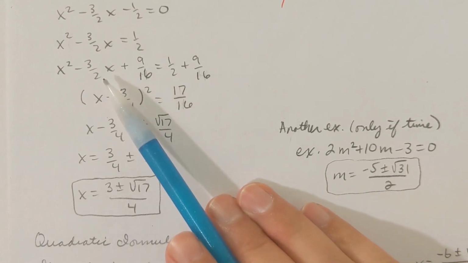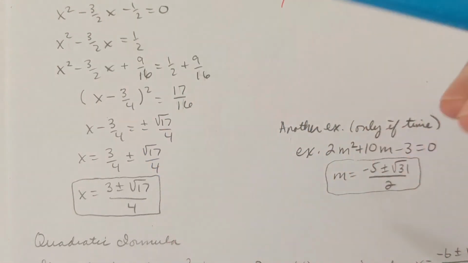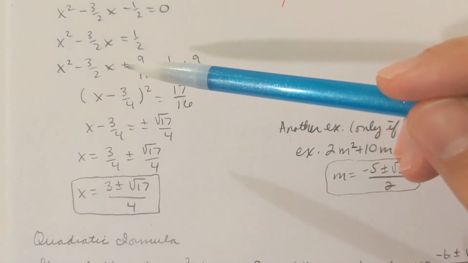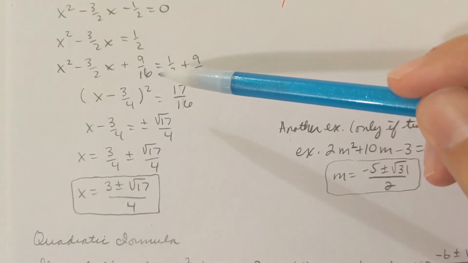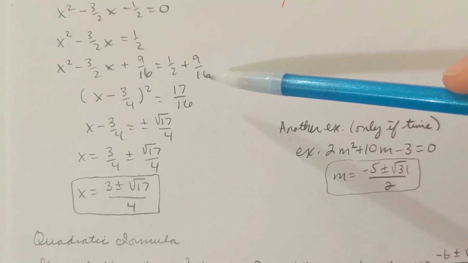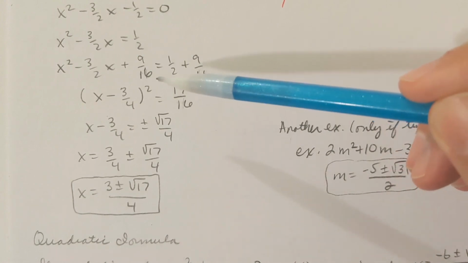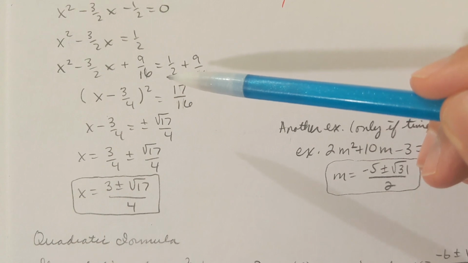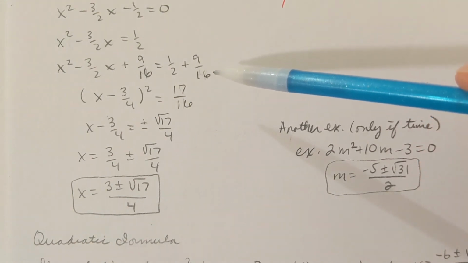For us that's going to be negative 3/4, squared gives me 9/16. 9/16 is the number that I need to add to both sides. So I get x squared minus 3/2 x plus 9/16 equals 1/2 plus 9/16.